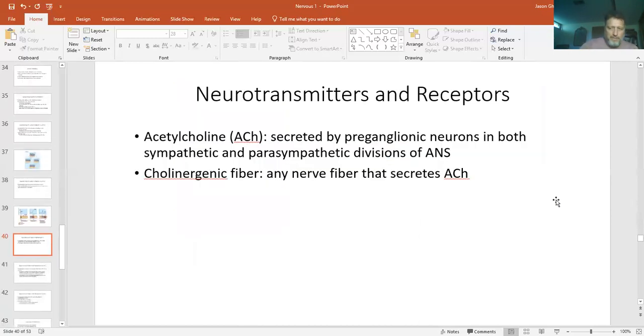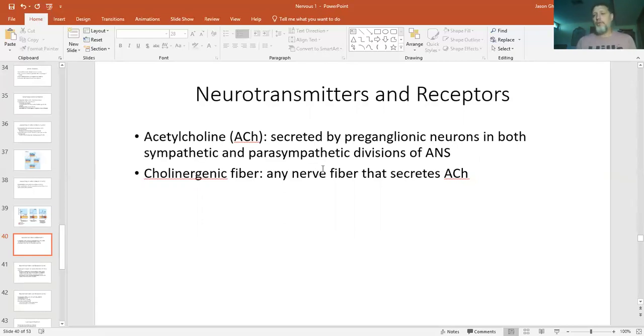So now we've had our action potential. It's gone down to the end. At the axon terminal, the terminal end plate, terminal button, whatever you want to call it, it releases some neurotransmitters. We also have some receptors involved in this. So acetylcholine is one we talked about. This one is secreted by both our sympathetic and parasympathetic, because acetylcholine is really with muscles, and we have our skeletal muscles, which we would think of with our sympathetic for our fight or flight, and with our heart too, for that matter.